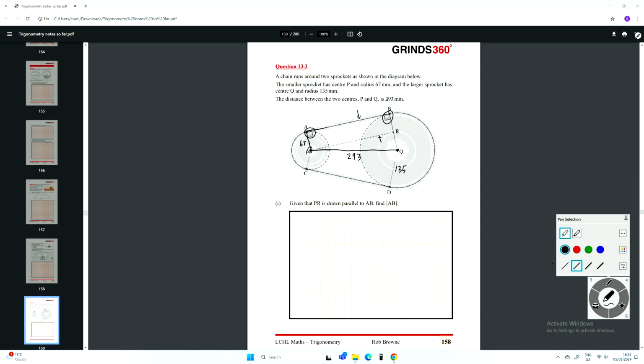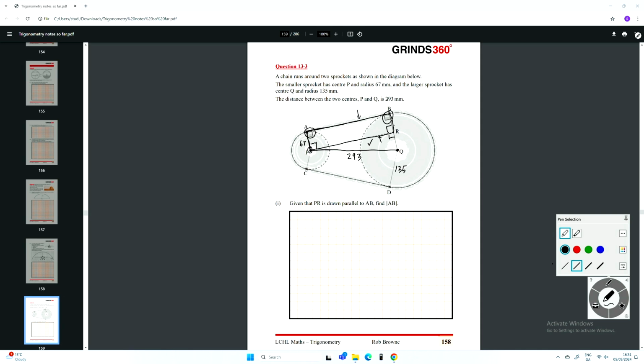But because the dotted line down here is parallel to AB, these are right angles here as well. So that means the shape APOB is a rectangle, and there's a right angle here, so this is a right angle triangle.